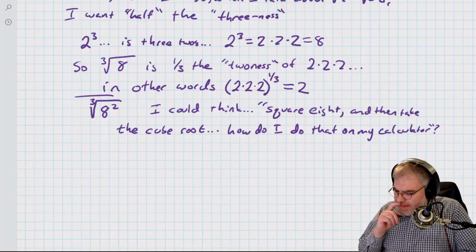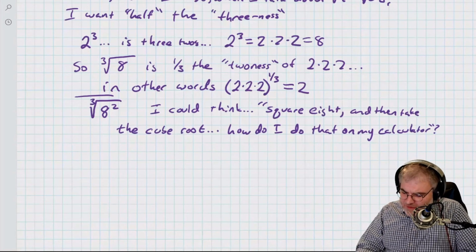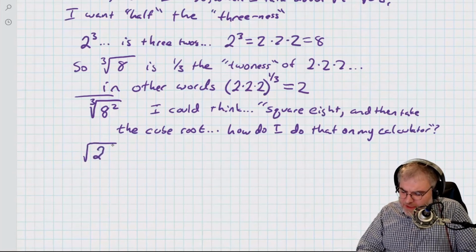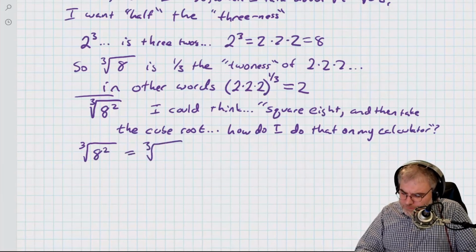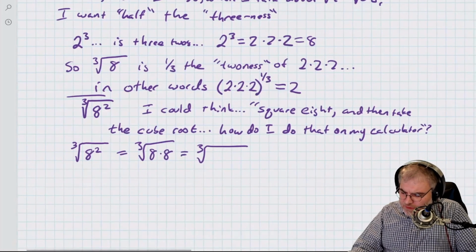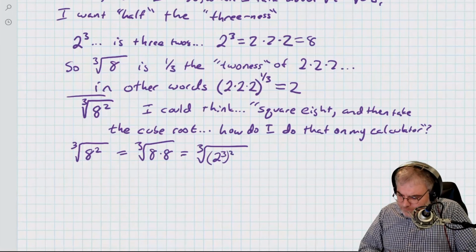So if I'm doubling the number of 8s, the cube root of 8 squared is really the cube root of 8 times 8, which is really the cube root of 2 cubed squared.